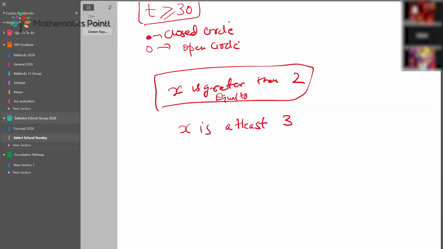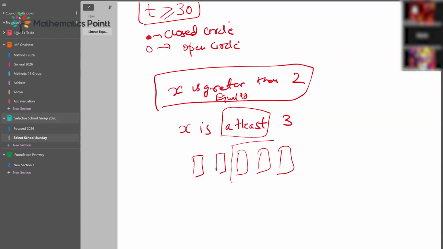When I'm saying at least, now tell me, think about this. A lot of you are correct, a lot of you are incorrect. Let's understand the word at least. If there are 5 chocolates in front of you, and I tell you, pick up at least 3. So how many will you pick up at the minimum? Obviously 3, you will pick up 3 onwards.